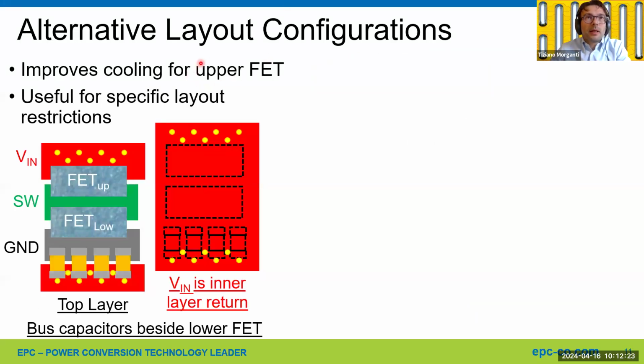As alternate layout configurations, we can place the bypass capacitors close to the low side instead of the high side. In this case, the return of the power loop in the inner layer is the V-bus, and this can provide some better cooling of the high side device.